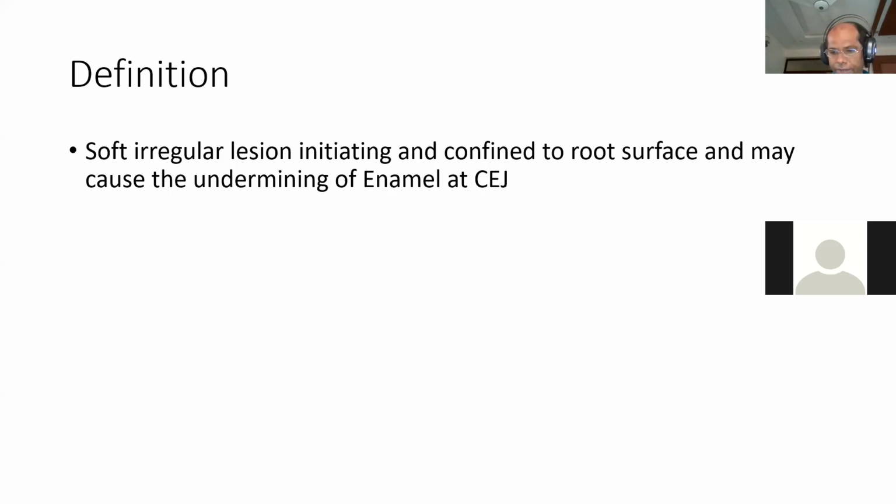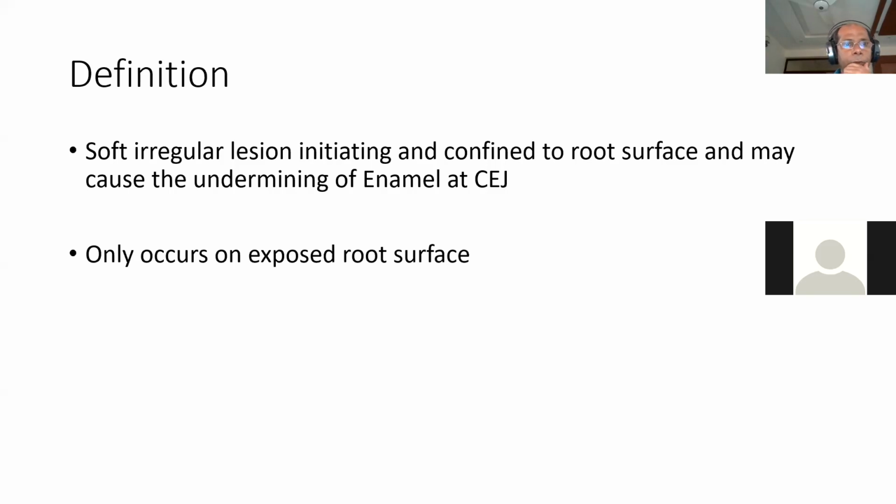As I told you, it only occurs on an exposed root surface; otherwise the root surface is not exposed. Once it is exposed, due to gingival recession or other reasons, caries may occur.